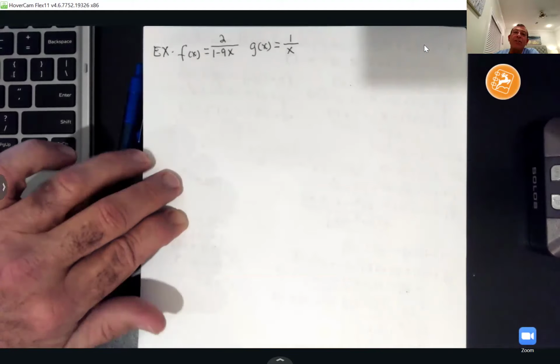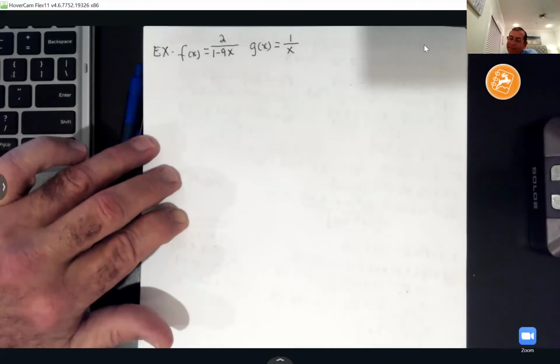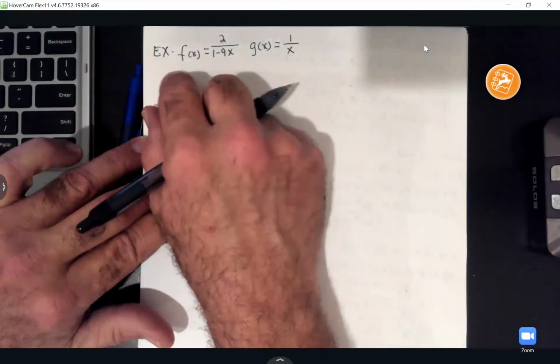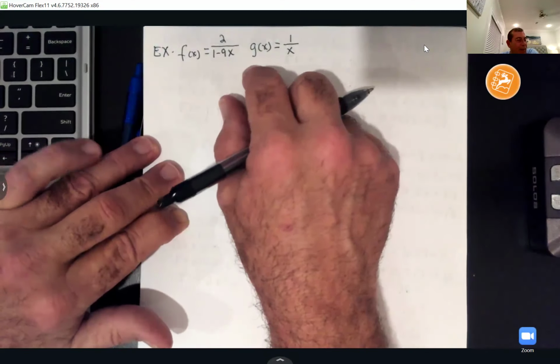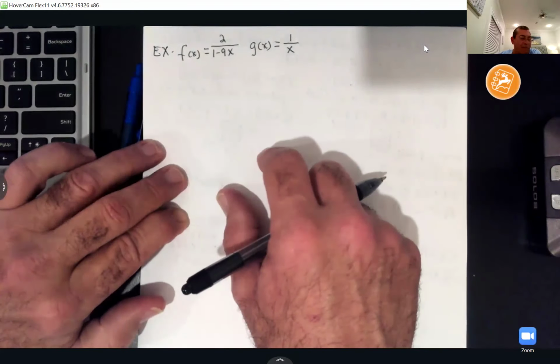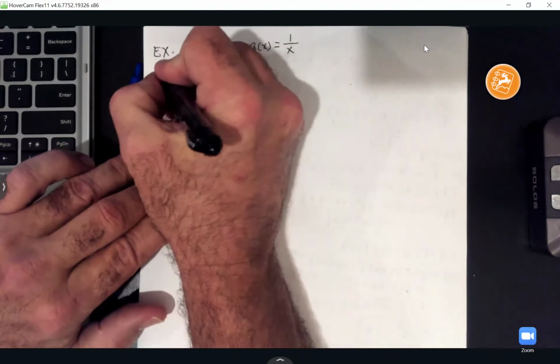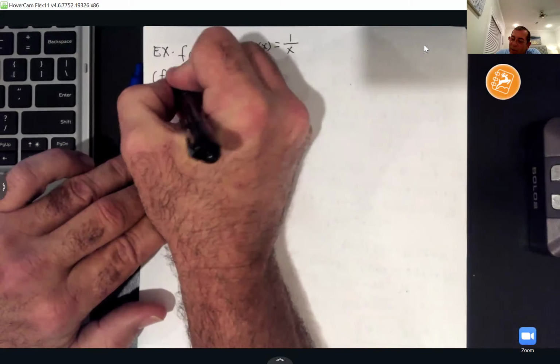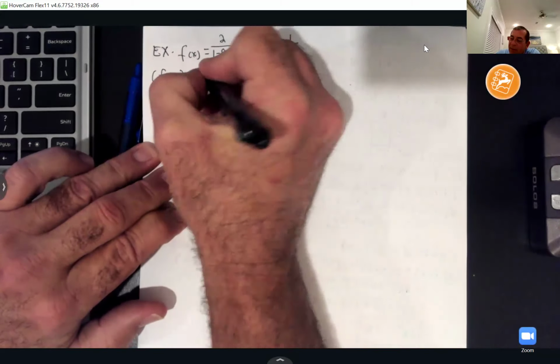So look, they gave us 2 fractions. I'll start out with my f compose g, then I'll do my g compose f, and then we'll find those domains.